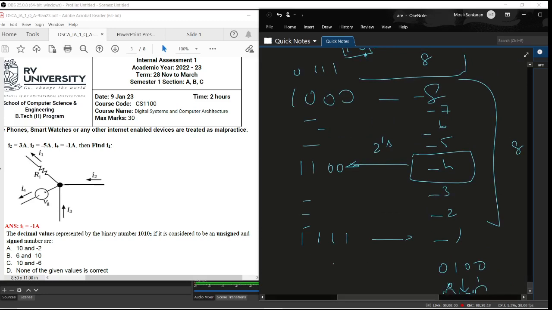So if you have a 4-bit pattern, and I am calling them signed numbers, I'm going to look at each pattern as a signed number. Then whatever values have the MSB as 0, I will take as they are. It's a positive number. If I have any pattern with the MSB as 1, I will not read it as it is.